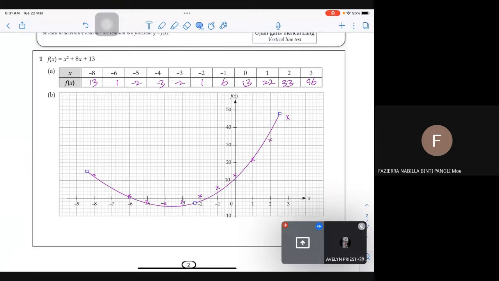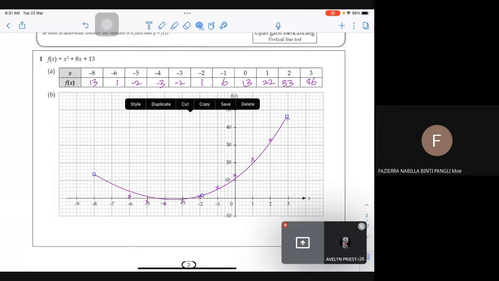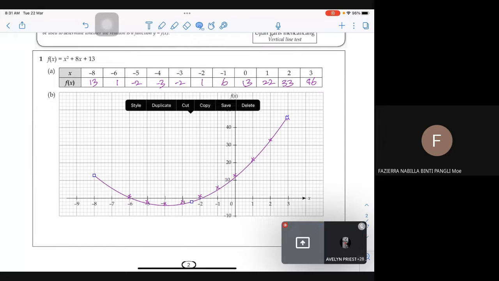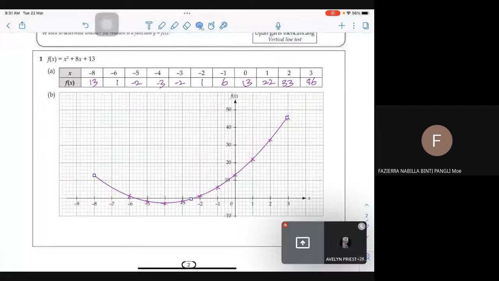Tidak cantik juga. Okay. Alright, so siswi cantik.